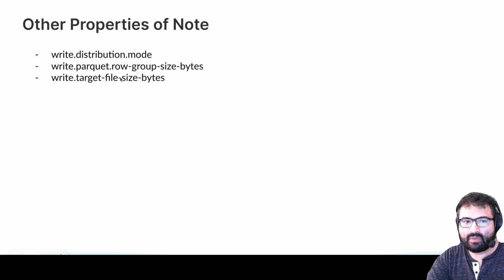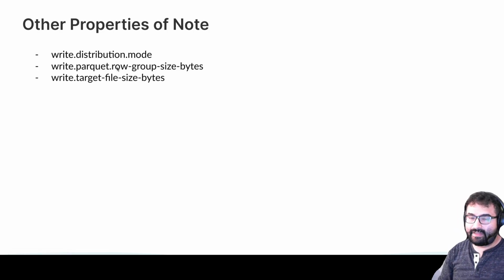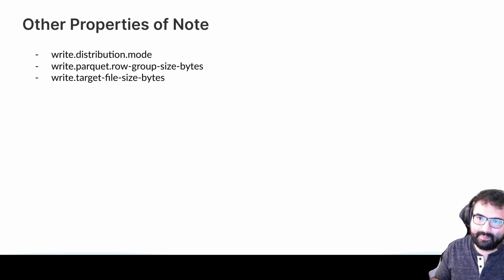Now, other properties to be aware of that have significant consequences are things like write distribution mode. Essentially, when you're using Apache Spark, and generally most MPP systems work in a similar way, you're splitting a job into several tasks. Each task is going to write its own files.